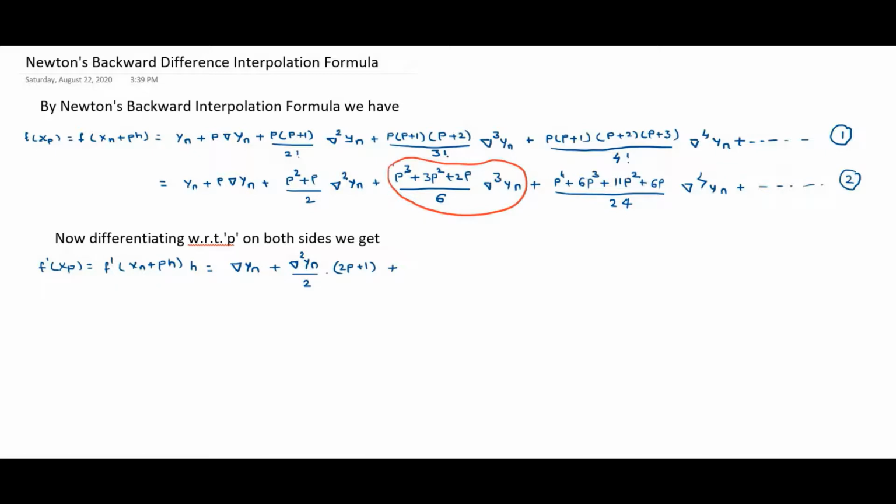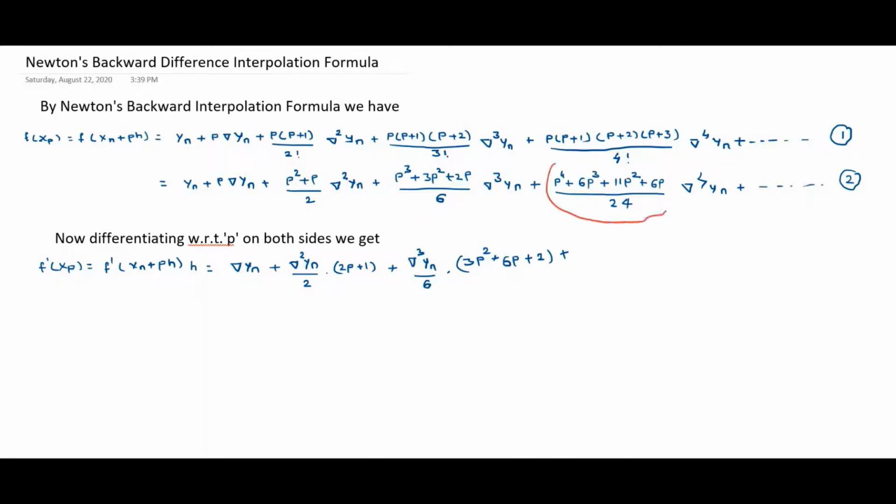Here first I will write constant terms. Constant terms are del cube yn divided by 6 is constant. Now differentiation of p cube is 3p square plus differentiation of 3p square is 6p plus differentiation of 2p is 2 plus.